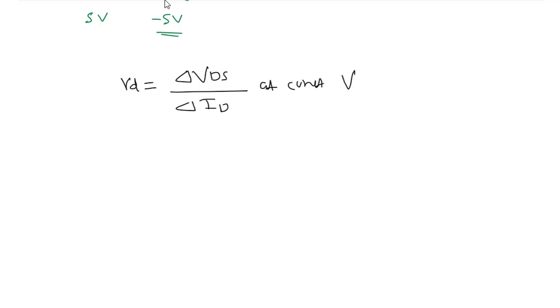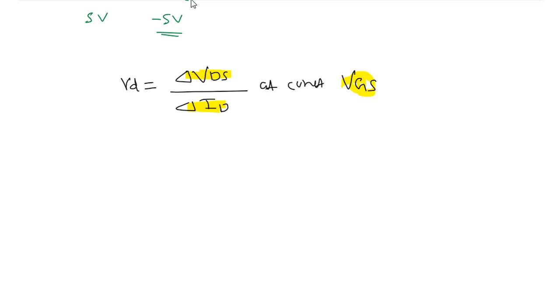The drain resistance RD is defined by the equation RD is equal to delta VDS by delta ID at constant VGS. So it is the ratio of change in the drain source voltage to the change in the drain current at constant gate source voltage.